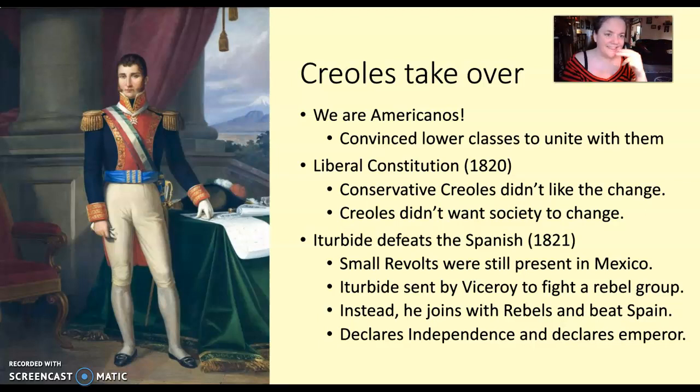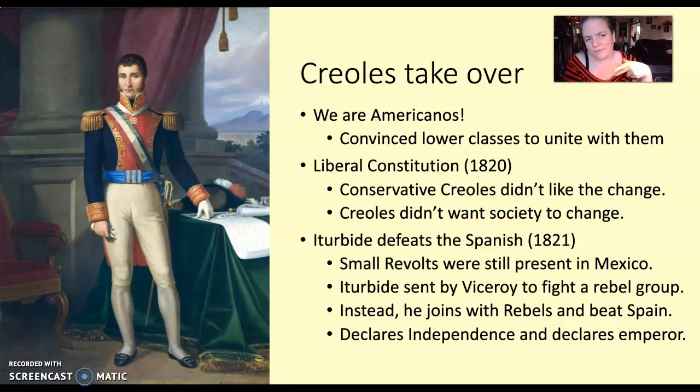So that convinced the lower classes to unite with the Creoles who had been born in New Spain, basically white people born in New Spain, right? And they write another constitution in 1820.